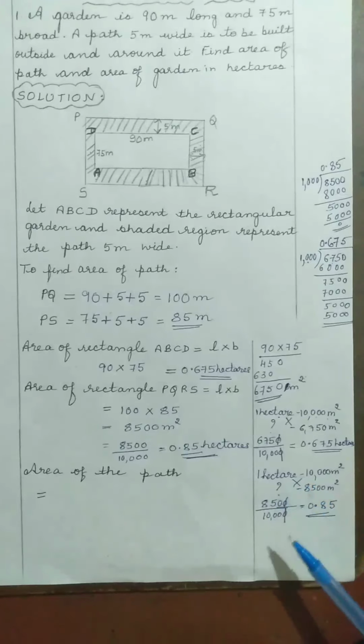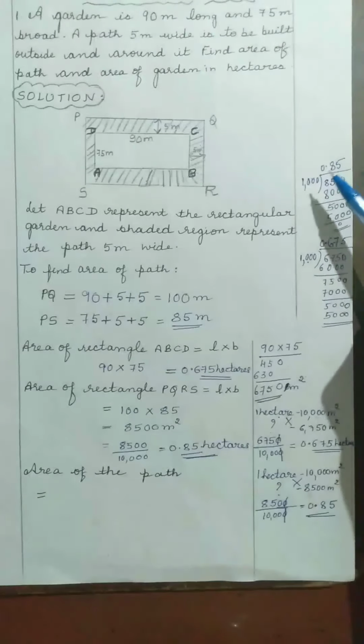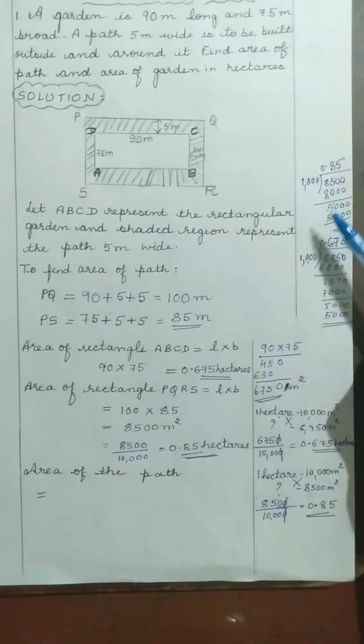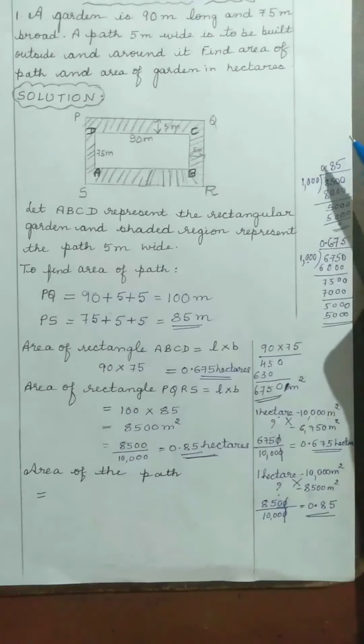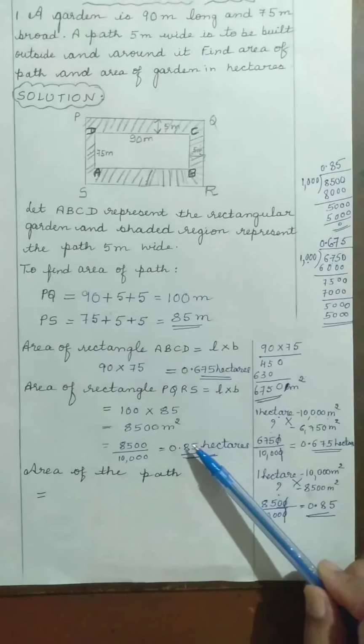On cross multiplying 8,500 by 10,000, 0 of the numerator and 0 of the denominator get cancelled. Then 850 by 1,000. This is the simplification. So on performing the division, we got the final answer equal to 0.85 hectares, which is written here.